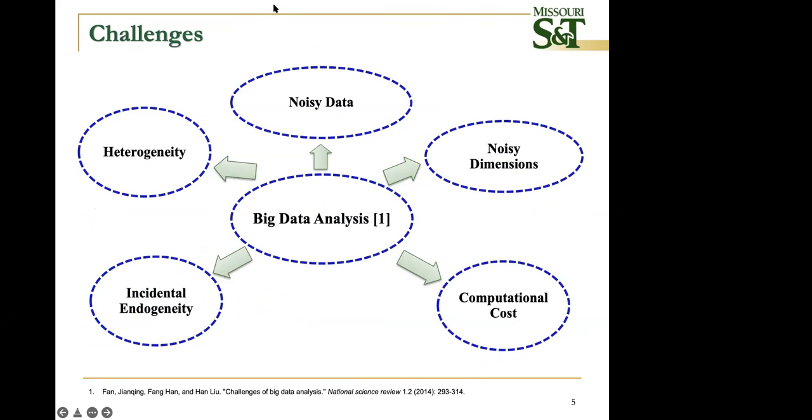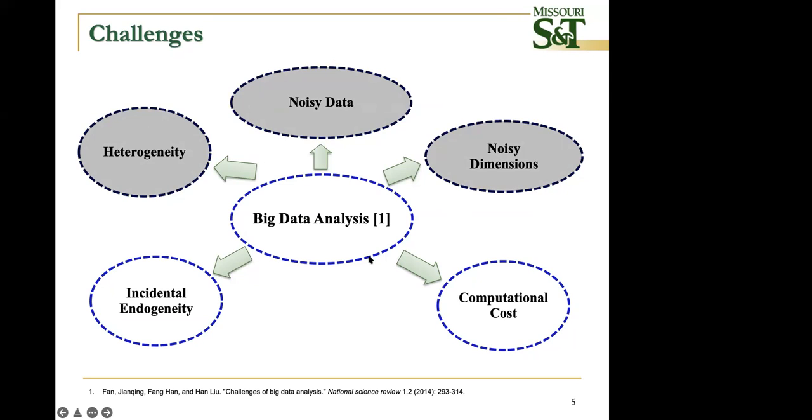So what are some challenges with this big data? Why do we care about this? Some of these are heterogeneity, meaning the data is not the same. There is also noise in the data, and noisy dimensions. We're going to talk about that a little bit. I'm going to focus on these 3 because we only have about 15 minutes and the last 10 minutes are for questions.